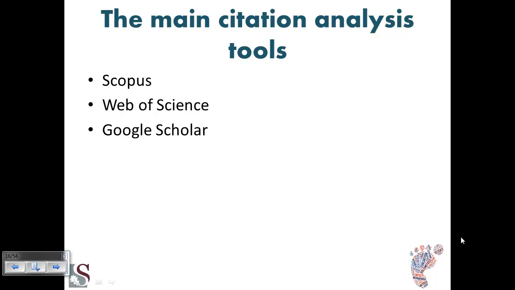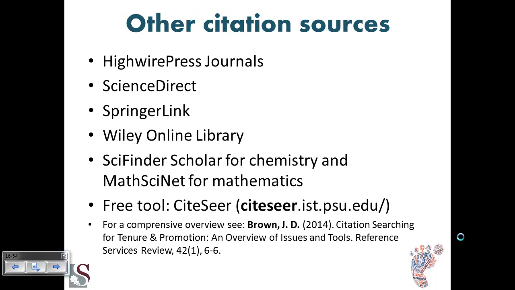Okay, then if we look at the next slide, it's just to highlight that we will look at these three sources today, but there are also other citation sources that you can have a look at on your own. It's Highwire Press Journals, Science Direct, Springer Link, Wiley Online Library, SciFinder Scholar, and MathSciNet.